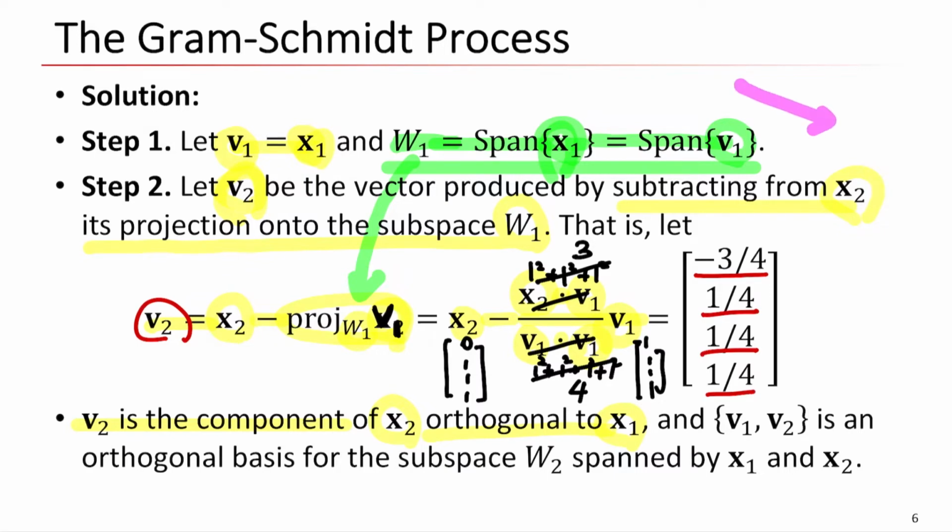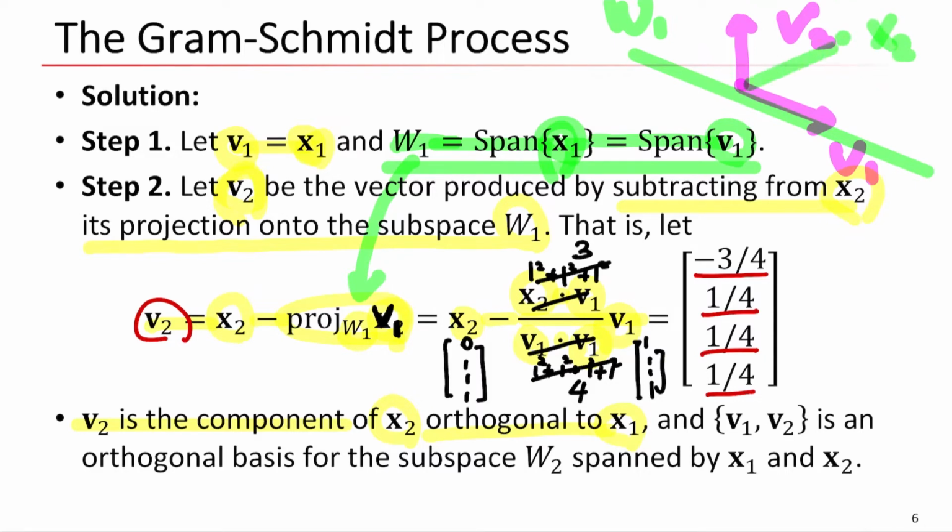Let's say there is v1, and there is a subspace W1 spanned by v1, and we find v2, which is the component of x2, because x2 was here, right?